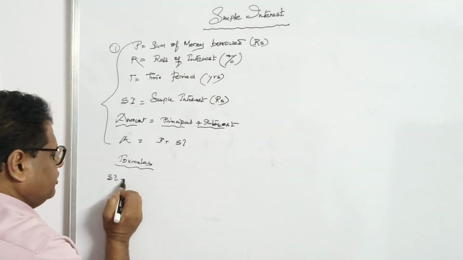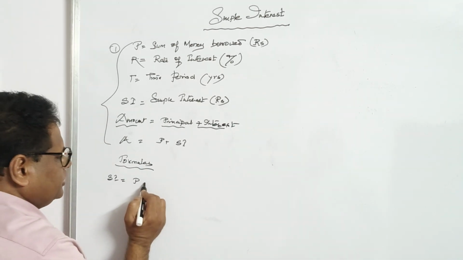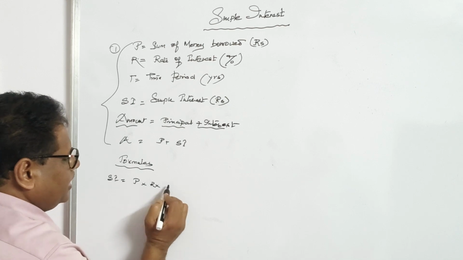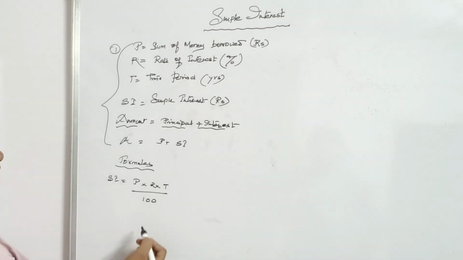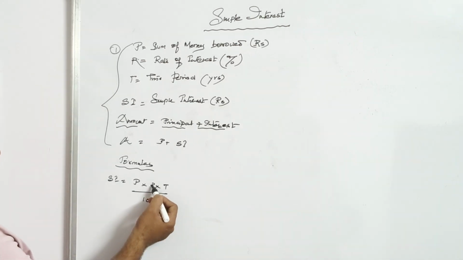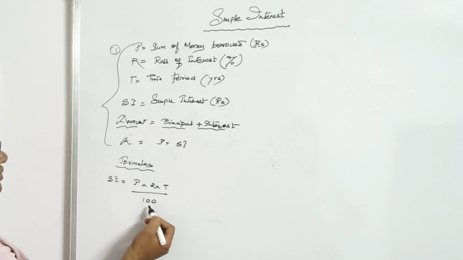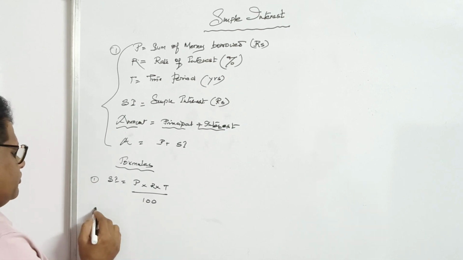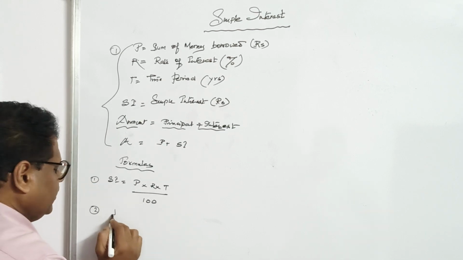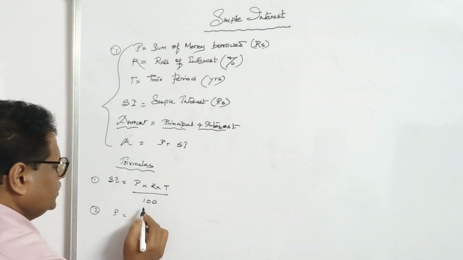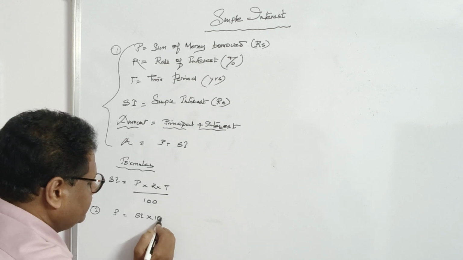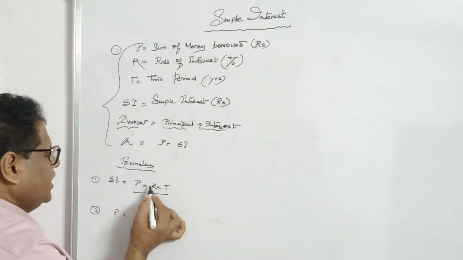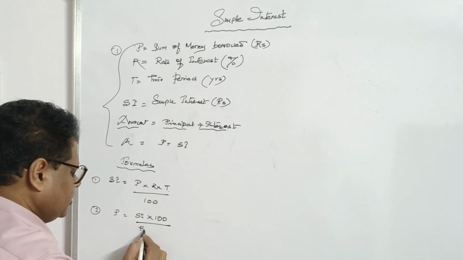To calculate the simple interest, we have the expression P multiplied by R multiplied by T divided by 100. You know why this 100 is coming? Because the rate is expressed in percentage. So this is the first expression for SI. If you want to calculate the principal, then multiply SI with 100 and divide it by rate into time.